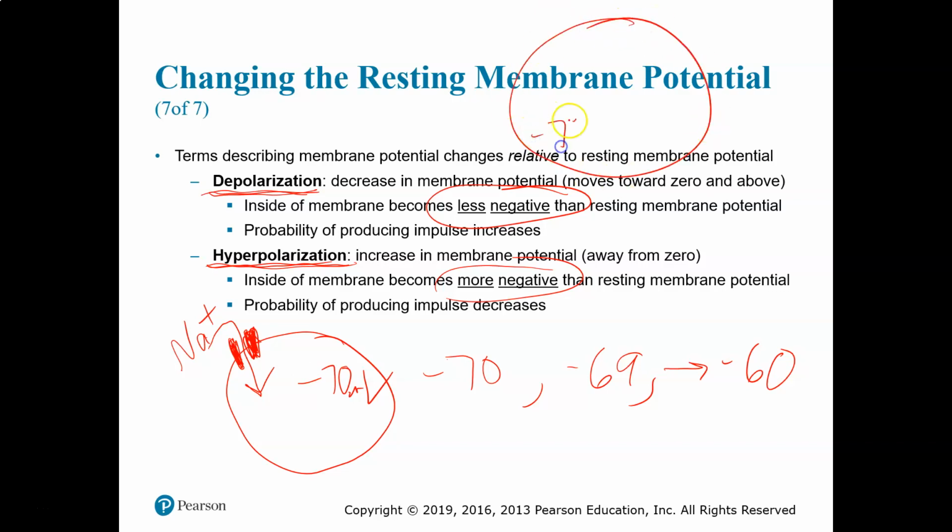We've got -70 millivolts already, and we have channels for potassium that allow positive ions to leak out. Then our -70 is going to become more and more negative because we're losing positive ions. So hyperpolarization is caused by potassium leaving the cell. Depolarization is caused by sodium entering the cell.